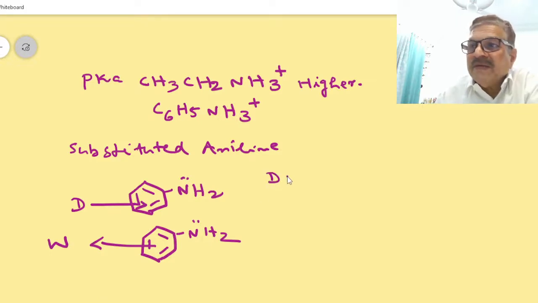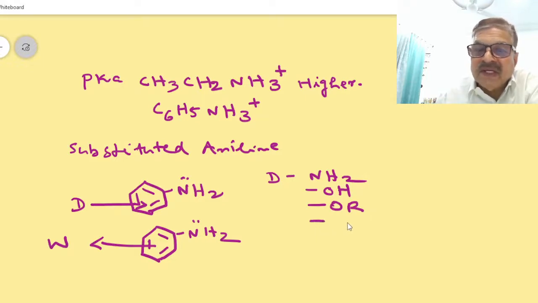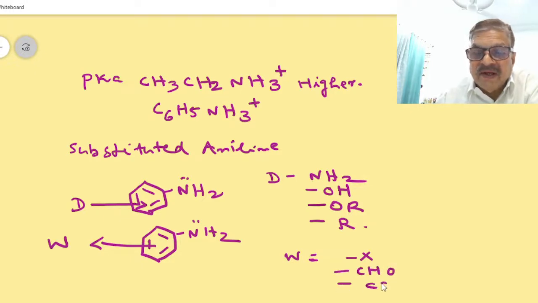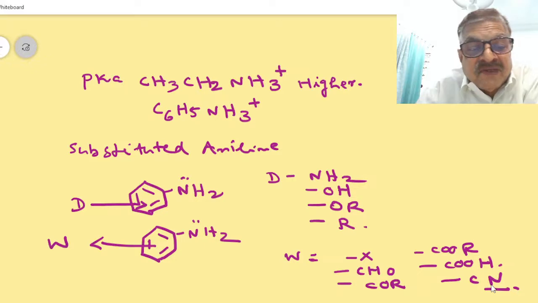Electron donating groups can be NH2, an OH group, an OR ether group, or an alkyl group and so on. In the case of W, electron withdrawing groups, there are plenty. One is the halogen groups, then we have the aldehyde, the carbonyl group, the COOR group, the COH group. There are so many groups like this, all electron withdrawing, such as cyanide groups. Therefore, two different types of substituents are possible here.